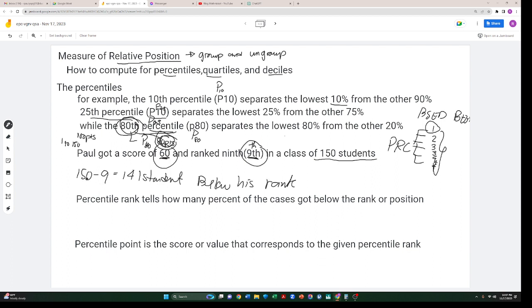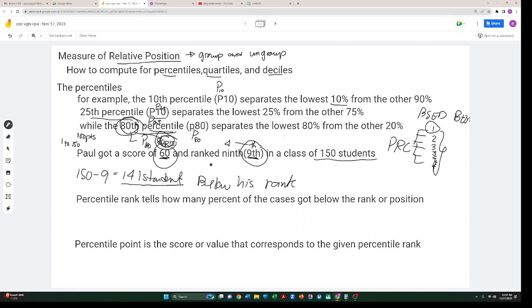So, 150 minus 9 is equal to 141 students. Kalain mo, 141 students below his rank. So, I think ang ilahang mga rank nga sa 8, 7, 6, and so on and so forth, below sa 9. Okay?